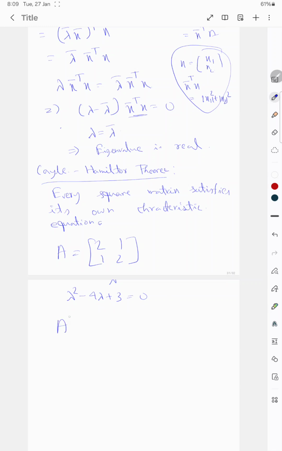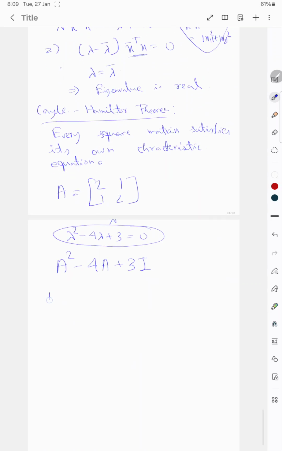So basically if you find A squared minus 4A plus 3, obviously whenever you are writing a matrix, you have to write 3I. If you find this thing, you will get the zero matrix, because it is in equation form. Correspondingly you have to think of the corresponding matrix equation. Now just try, what is your A squared? A squared, you just find 2 1 1 2 times 2 1 1 2.